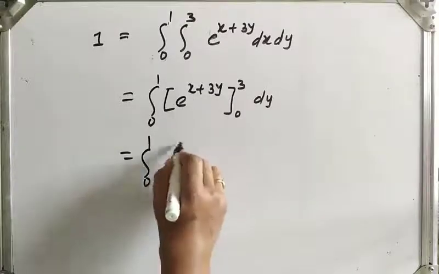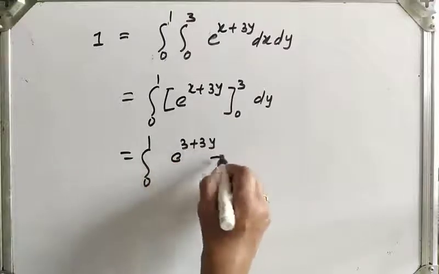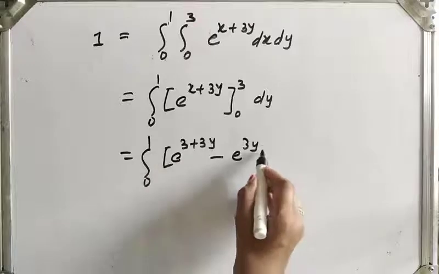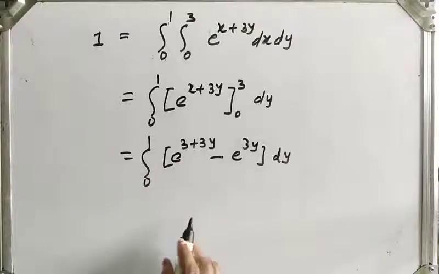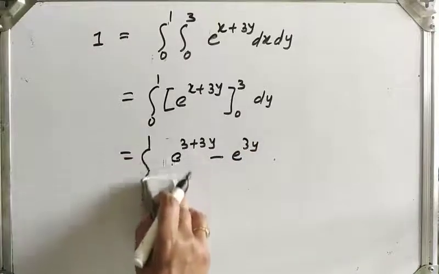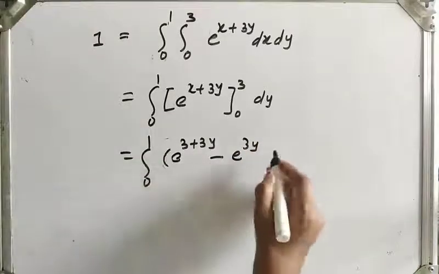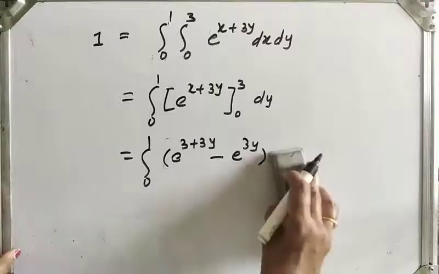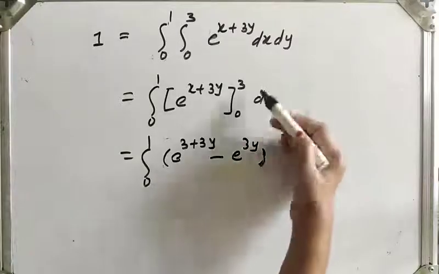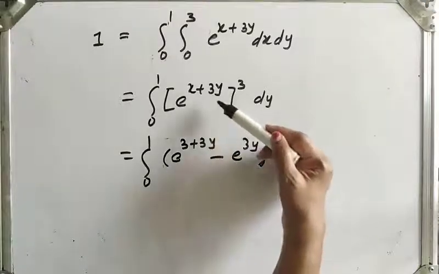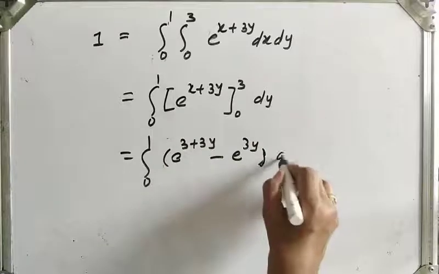So first we put the upper limit, e raised to 3 plus 3y, minus the lower limit, so minus e raised to 3y, dy.